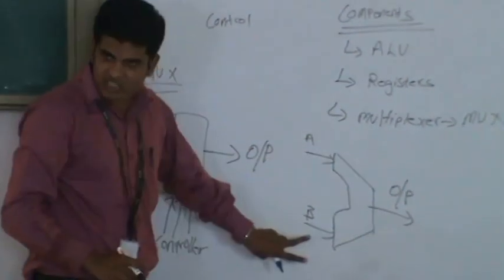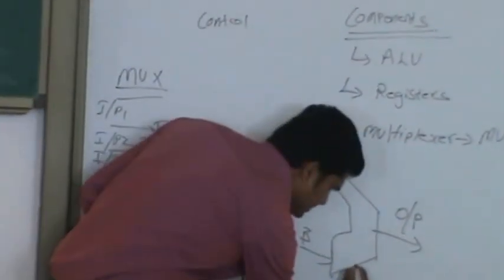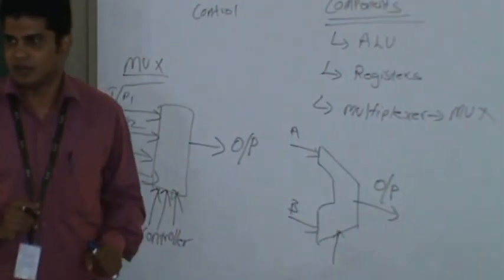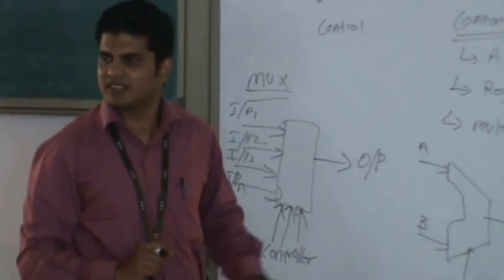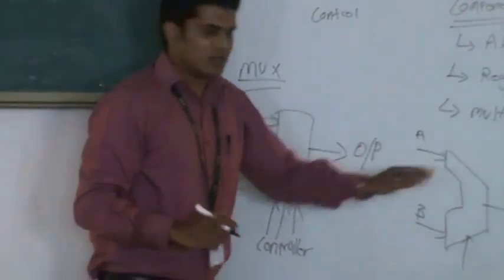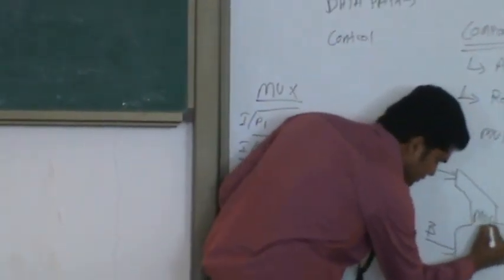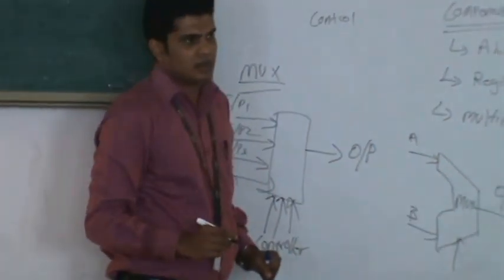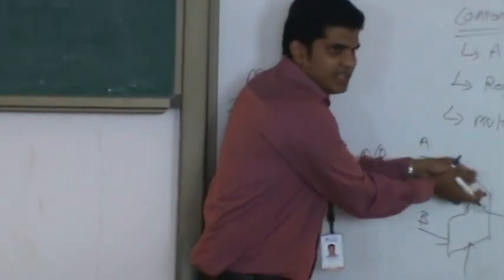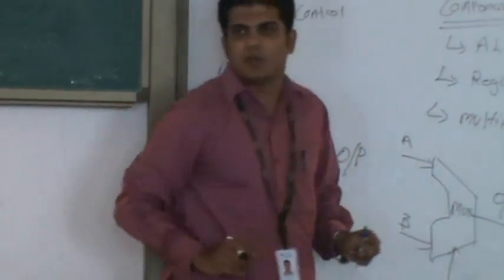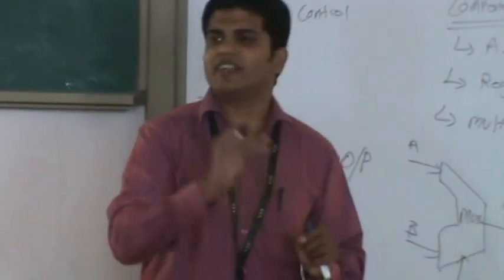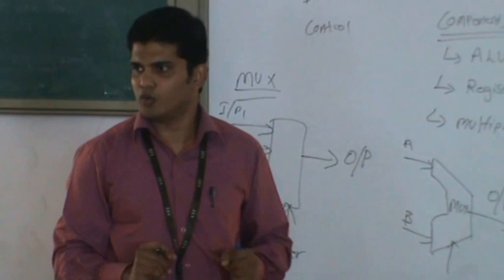Because there are just 2 inputs, one control signal line is enough to select A or B. Is this clear? So it just selects either A or B and transfers only one at a given time. One is going to be the output.